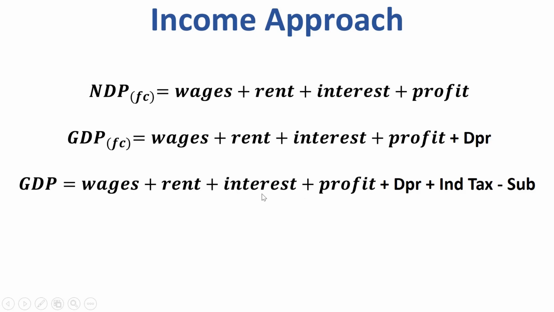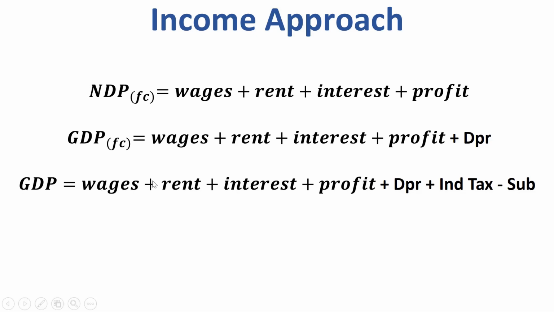Then we add it. After adding all the factor incomes, we go ahead to add depreciation, and then we also add indirect tax. And finally, we subtract subsidies. When we do this, we get our GDP from the income approach. So that is how we do it.